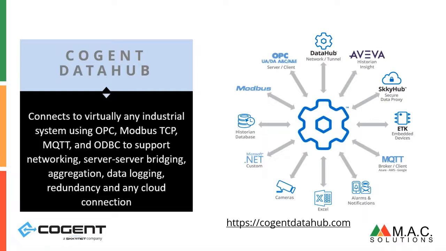And as a publisher, it has got the IoT gateway where you can publish the data directly into Azure IoT Hub, Amazon Web Services, and Google IoT. And also supports any ODBC compliant database. So you can get the data from the database, or you can put the data into the database if you're not using the external historian.